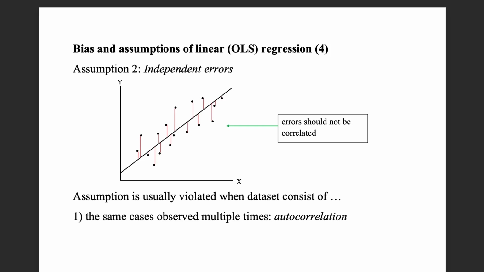Well, and of course, the value of your dependent variable is also going to be related to the value of the error term, because that is, of course, the difference between what you predict and what you actually observe. So in other words, what you will get then is an element of predictability in your error term. You will to some extent be able to predict the error in one period based on a previous period.